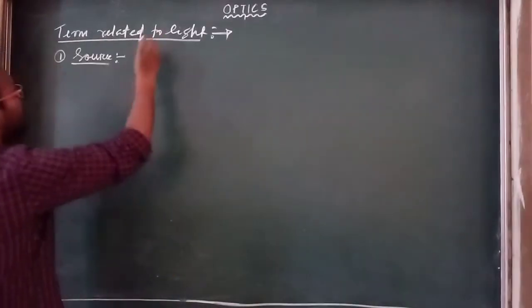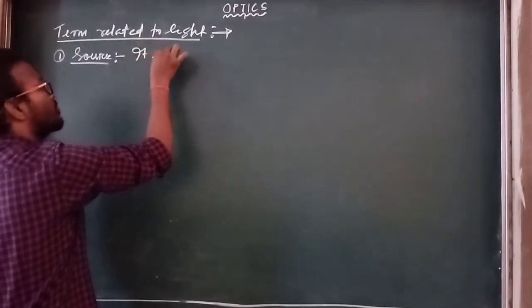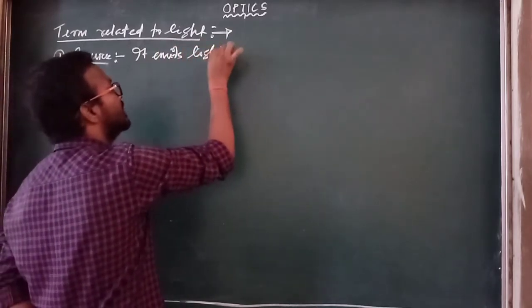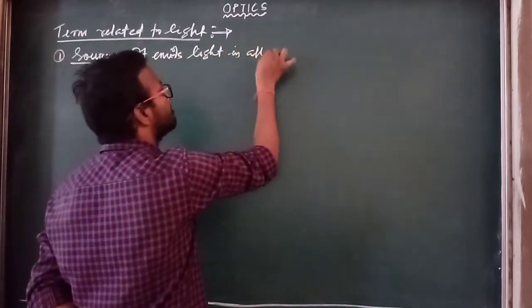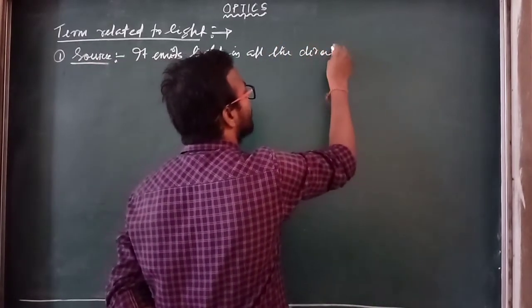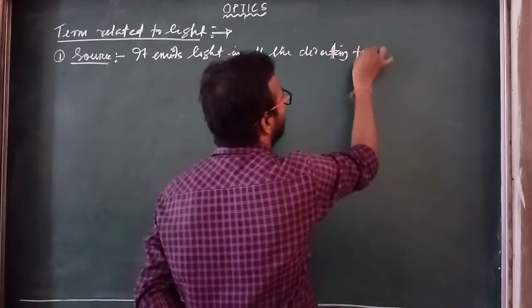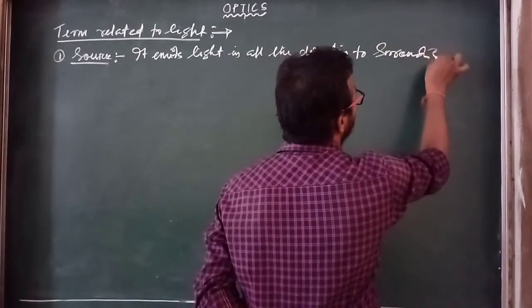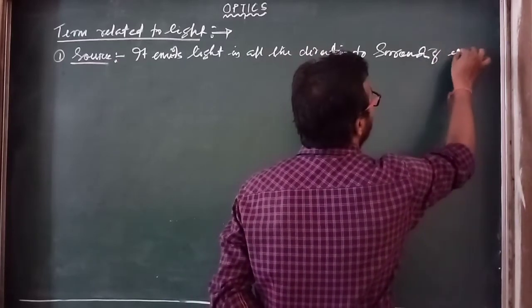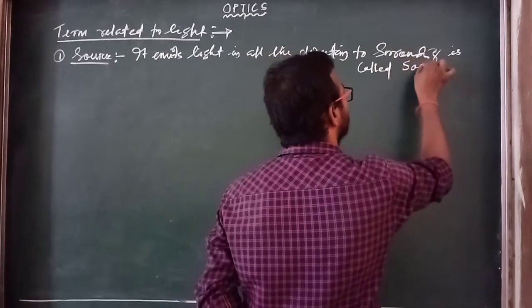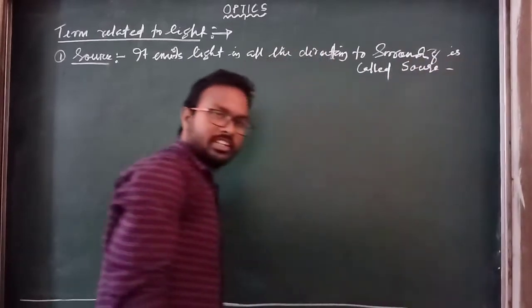So the source means it emits light in all directions to the surroundings, and it is called a source.